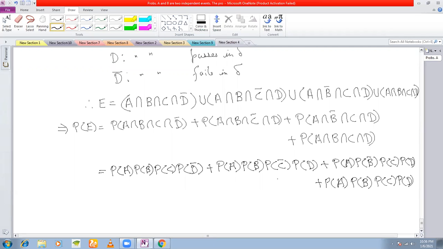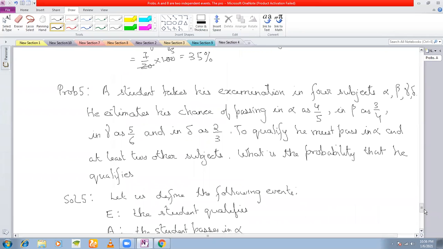Now what are the probabilities of passing? What is PA? Look at the question. Probabilities are given, right?